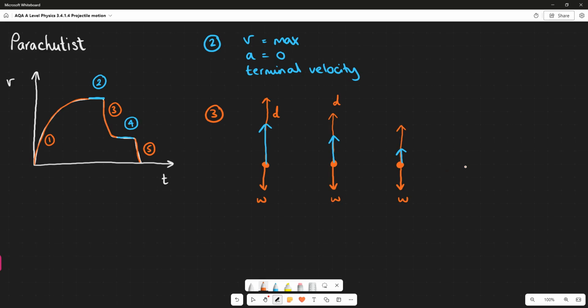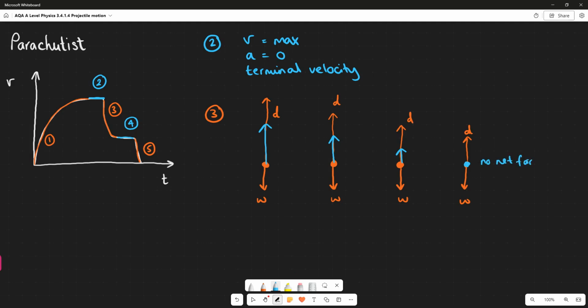And if we keep going and observe the pattern, they are still going at a slower velocity now, and eventually you get back to the point where the drag completely cancels the weight and you have no net force.